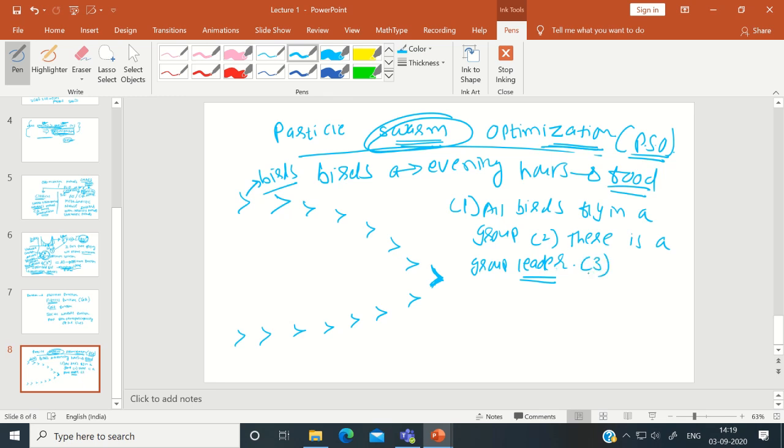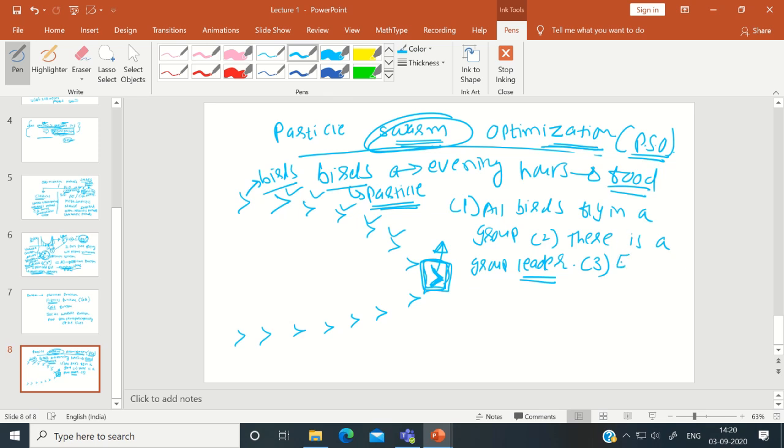And what is our third observation? Every bird, I also call this bird a particle, right? Every particle will follow this leader. You must have observed this fact. If this leader changes his direction or velocity, then the remaining birds also change their direction as well as velocity, right?